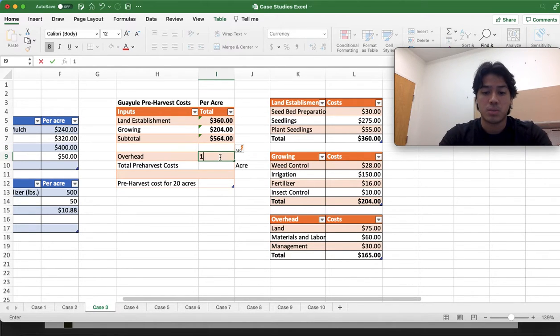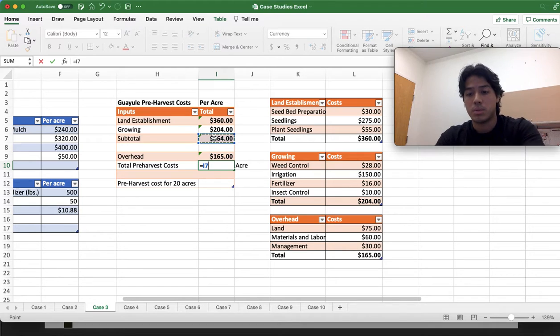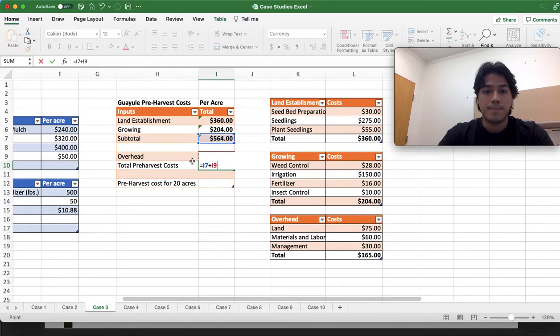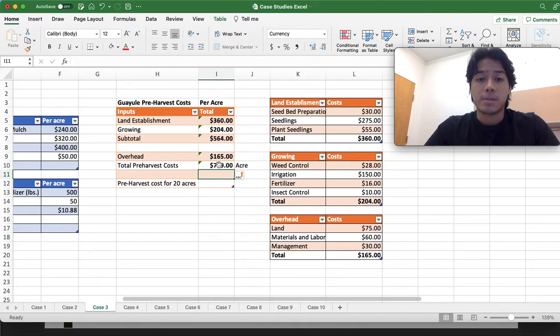Overhead, we said it was $165. So this is going to be the total pre-harvest cost per acre. And how do you get that? Of course, just add your subtotal plus the overhead value, and that's the total pre-harvest cost per acre.